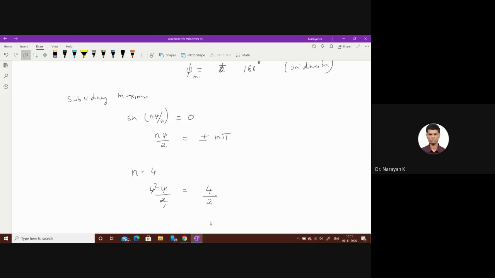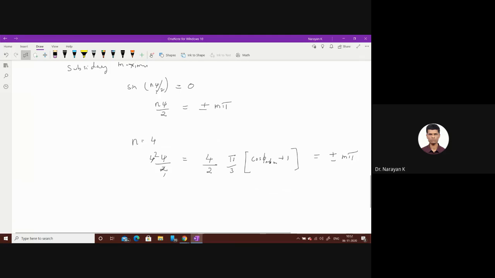What is psi? Just now we have found: psi is pi by 3 cos phi plus 1, and here you should put phi subsidiary maximum, equal to plus minus m pi.